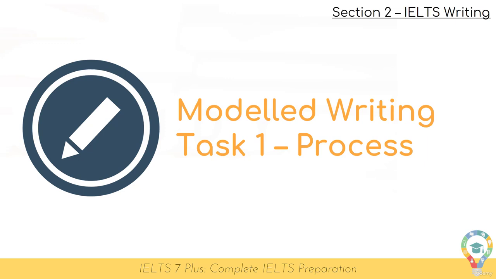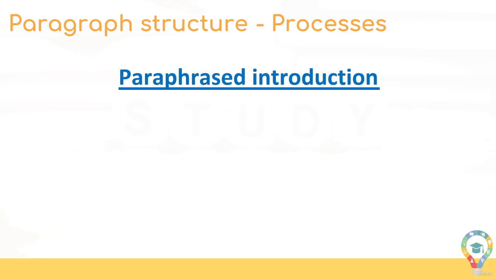And first up, we're going to take a look at the paragraph structure that we will use for a process question. And I should start off by saying that it does pretty much largely remain the same as what you would do for any of the other Task 1 questions.